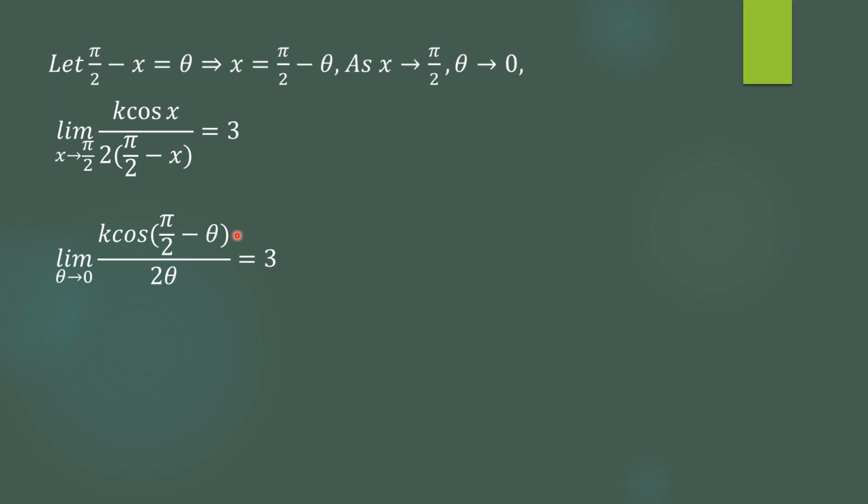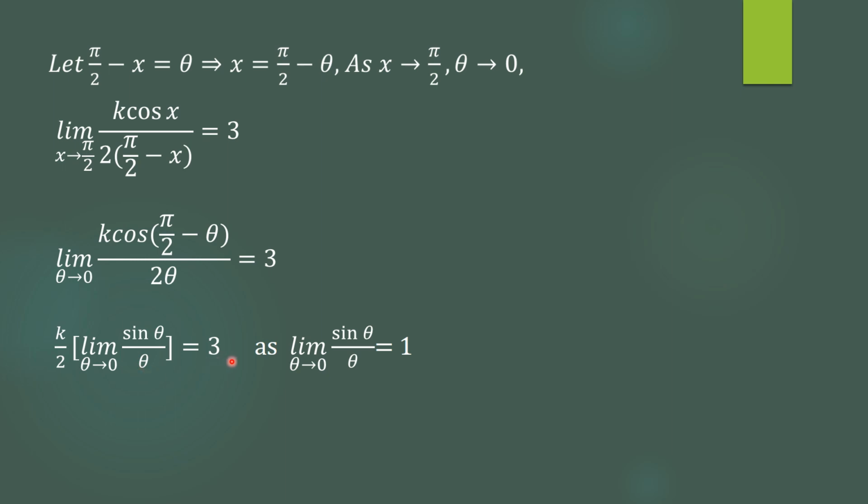But now we'll try to simplify this. We know that cos of pi by 2 minus theta is sine theta, and so we get k by 2, which is a constant, can be taken out of the limit. So I can write it as k by 2 limit theta tends to 0 of sine theta upon theta, that is 3.